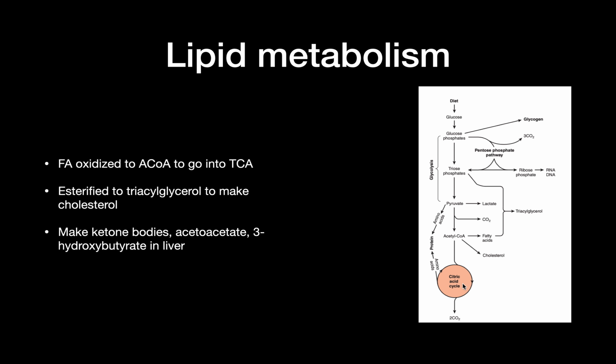And from there, it can be esterified to triacylglycerol to make cholesterol, which could be stored either as fat cells, or they can be integrated into our cellular membrane. And from there, we can make ketone bodies, acetoacetate or 3-hydroxybutyrate, in the liver.